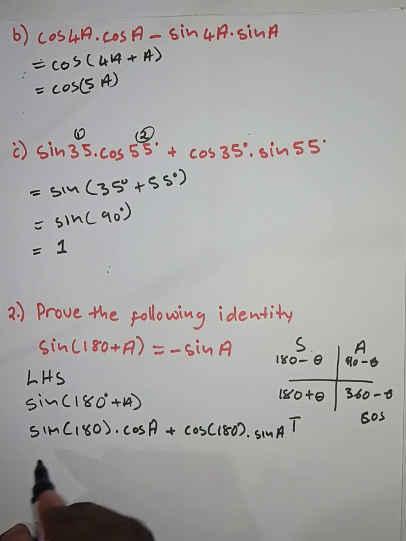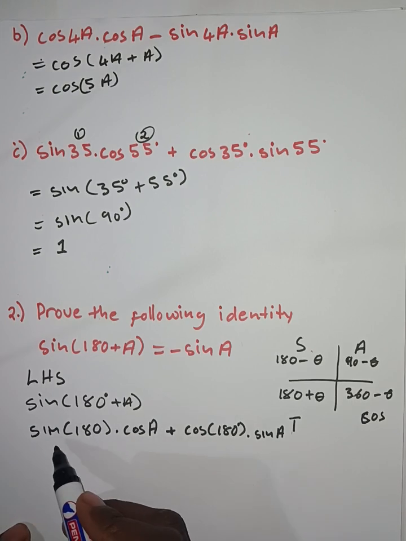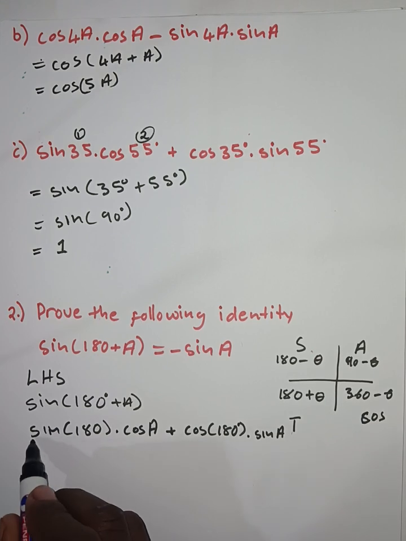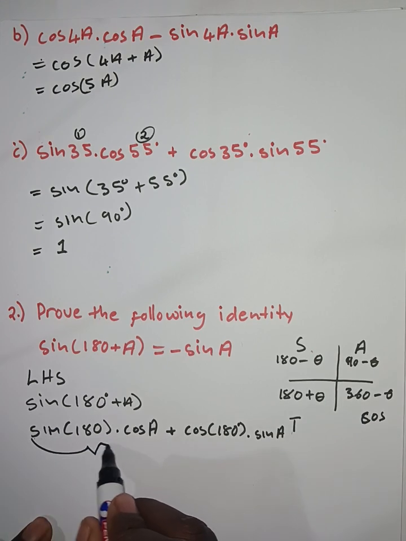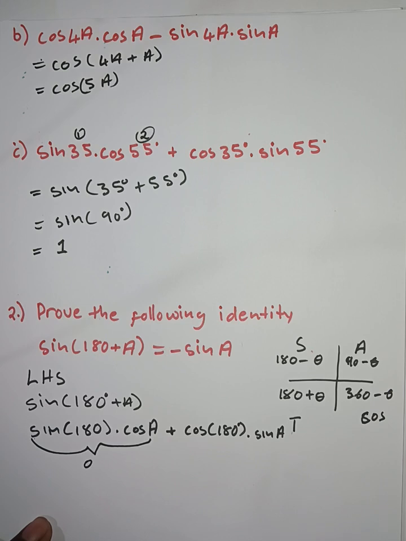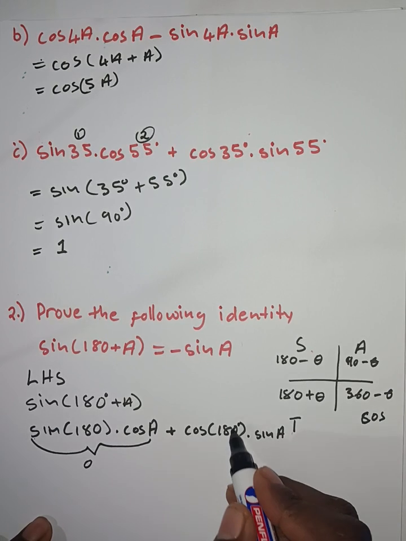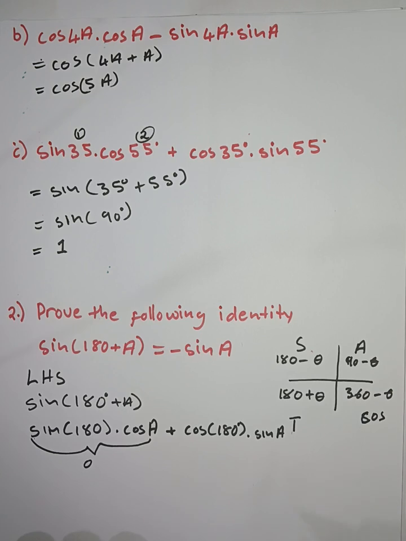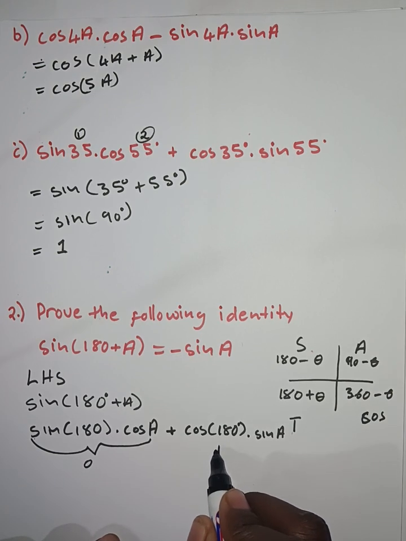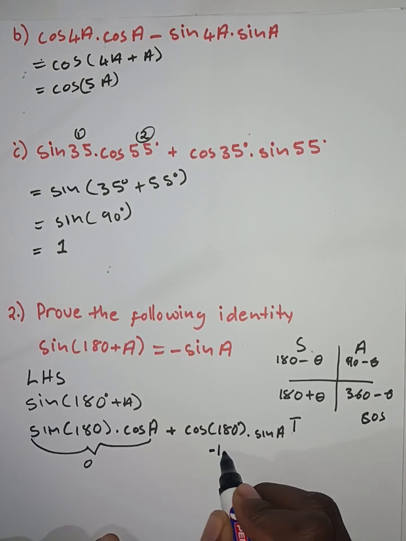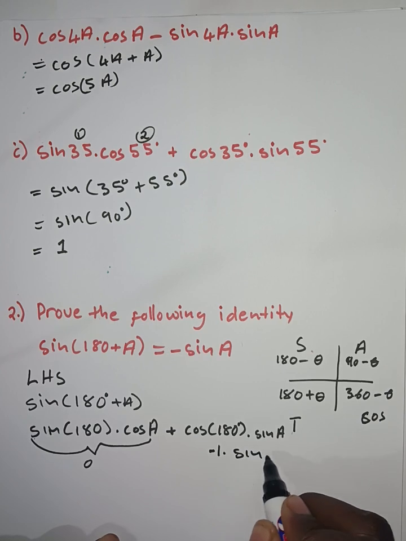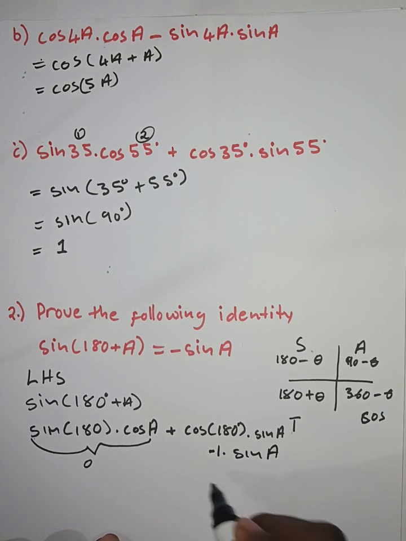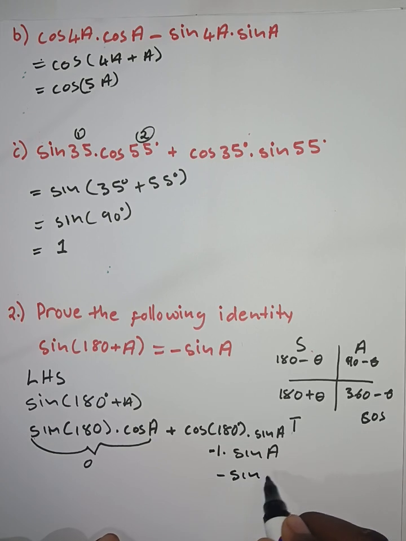We know that sine of 180 equals 0, so all of this expression will collapse because that equals 0. So we'll only be left with cos of 180, which gives us a -1. So this would be -1 multiplied by sine of a, and when you multiply those two, you get negative sine of a.